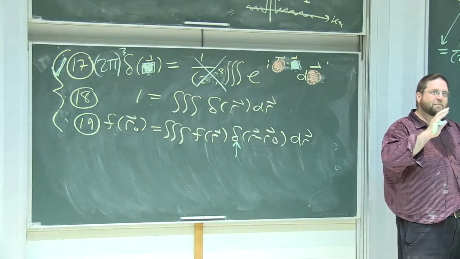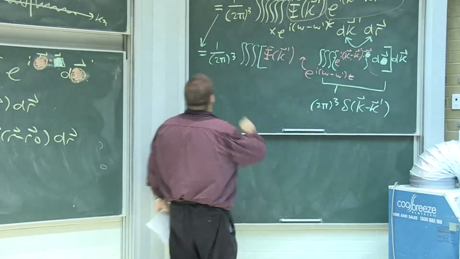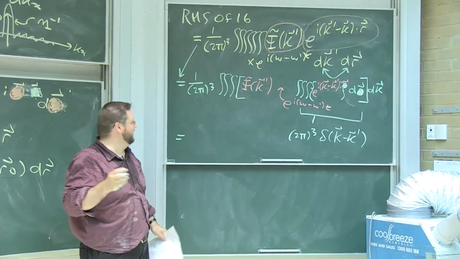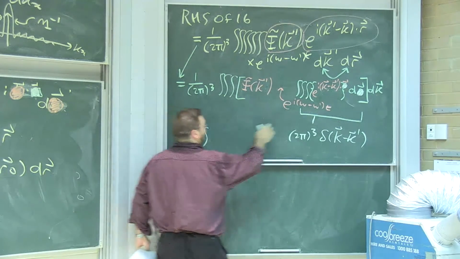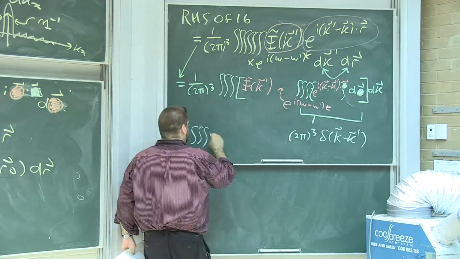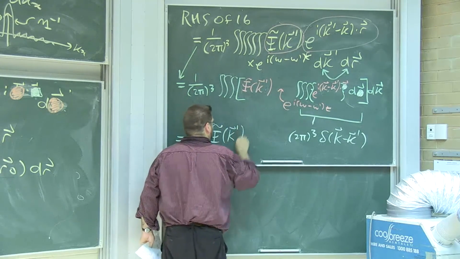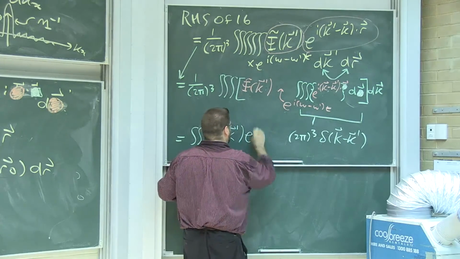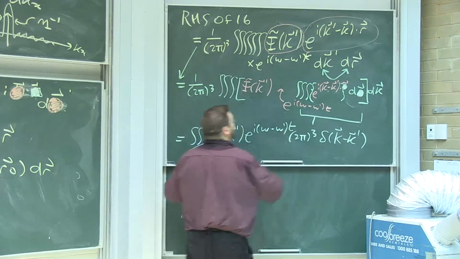But again, trying to stand back and think in plain English. Let's just write out what we've got. 1 on 2 pi cubed, cancellation. You should always feel good when things cancel. Triple integral. 3 of the integrals are gone, that's good. Psi tilde of k. E to the i, omega minus omega prime t.